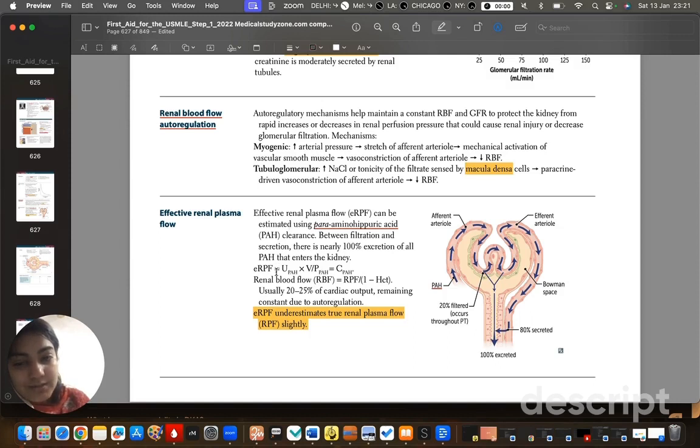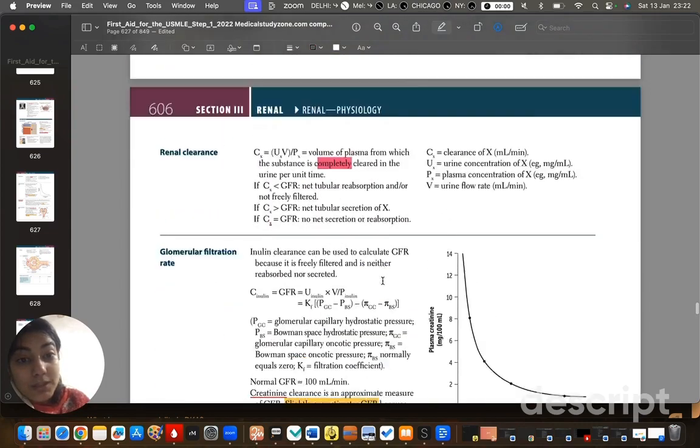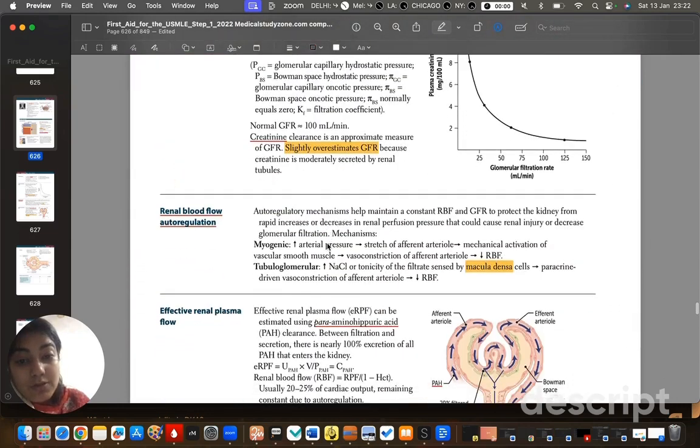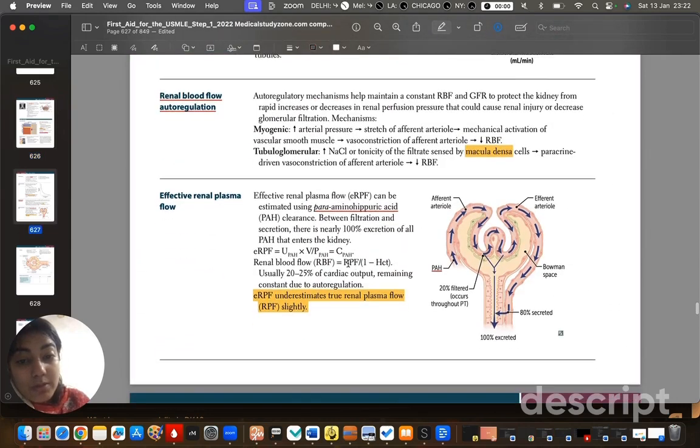I think, don't take my word for it, guys. Remember this one? We did 1 minus hematocrit when we were talking about total blood. Total blood volume multiplied by 1 minus hematocrit is the plasma volume. We're going to use the same equation again. But now we're talking about one organ, the kidney. Instead of the whole blood flow, we're talking about renal blood flow.